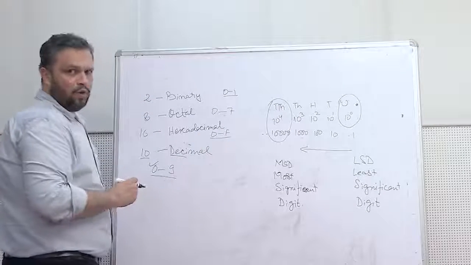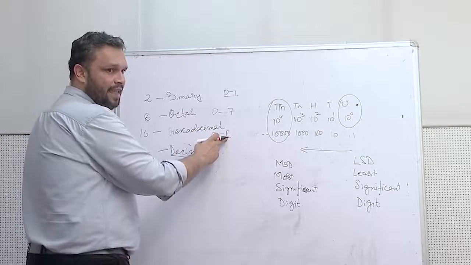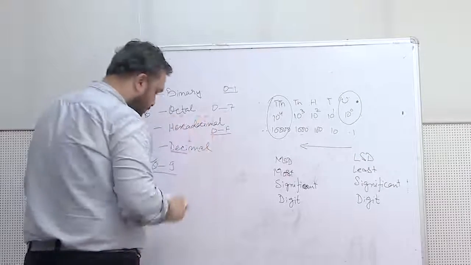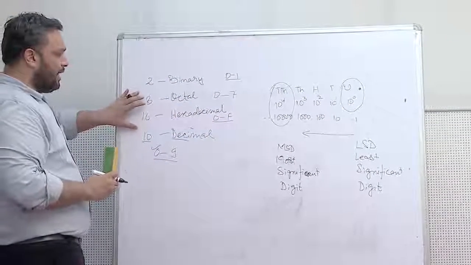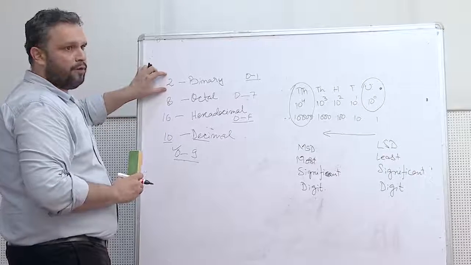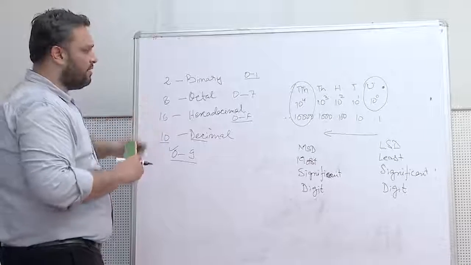But for now, you can maintain that the least digit is 0 and the largest digit is F, which is representative of 15. So we are going to leave the octal and hexadecimal number systems for now, and we are going to concentrate on binary number system on the basis of the concepts which we have studied for the decimal number system.